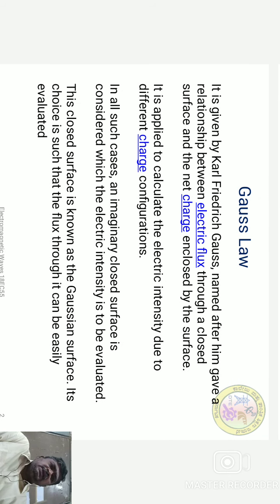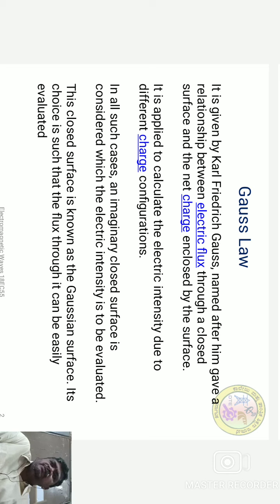The Gauss law, Gauss is the name of the scientist, Carl Friedrich Gauss. That's why the name has been given simply as the Gauss law. Now what is mainly the Gauss law?